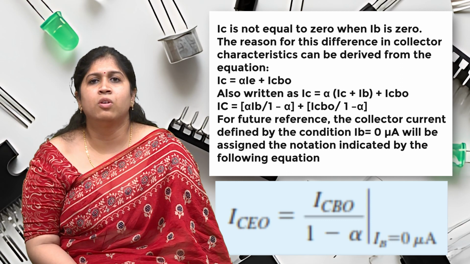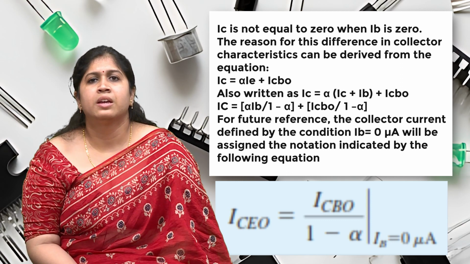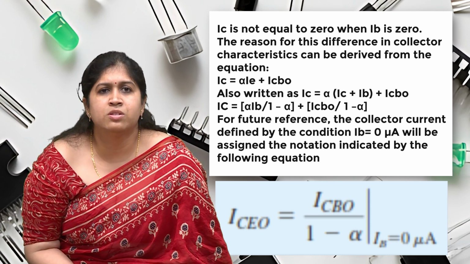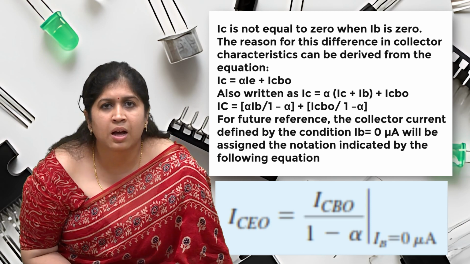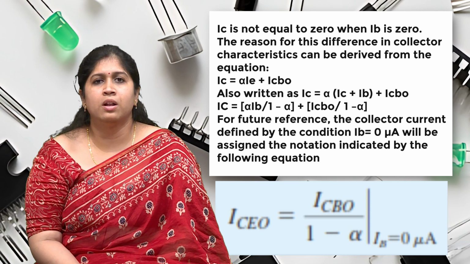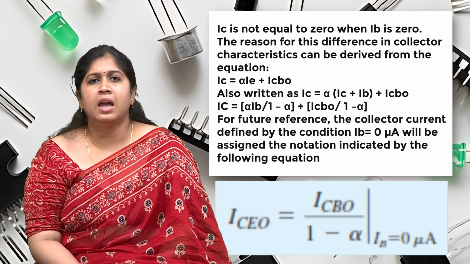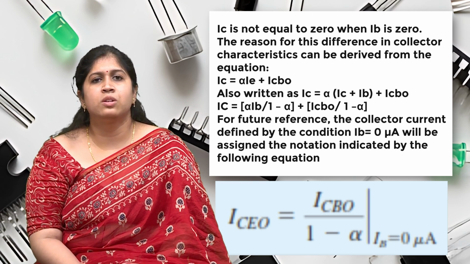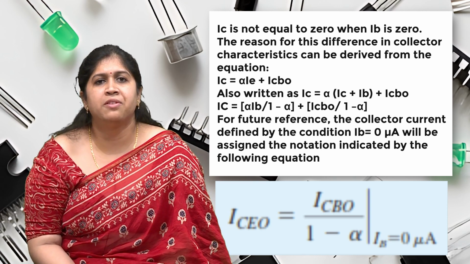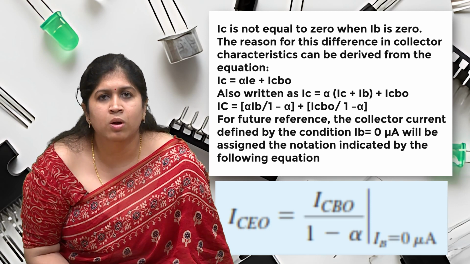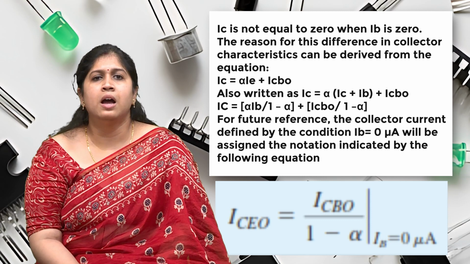The reason for this difference in characteristics can be derived from the equation IC equals alpha IE plus ICBO, also written as IC equals alpha (IC plus IB) plus ICBO. Now, IC equals alpha IB by 1 minus alpha plus ICBO by 1 minus alpha.